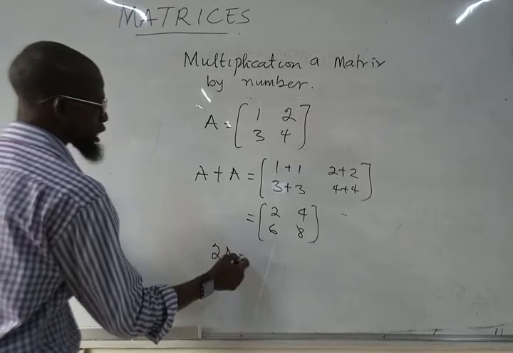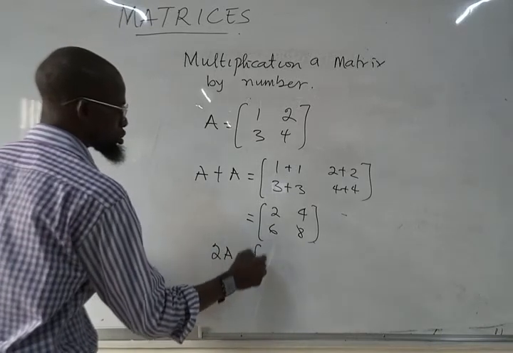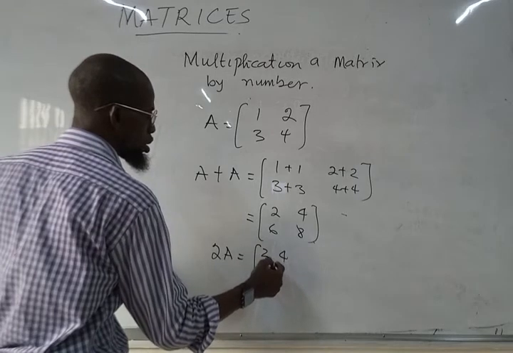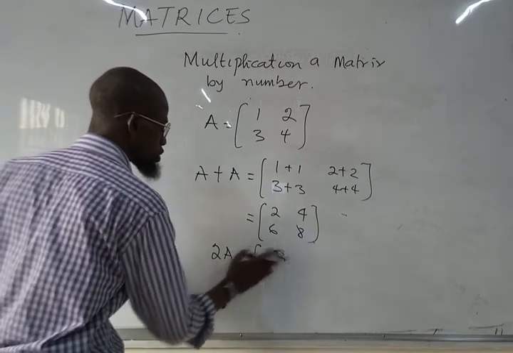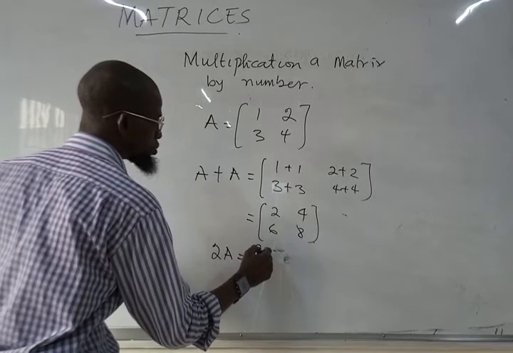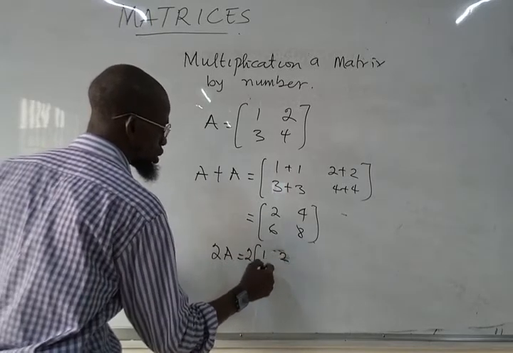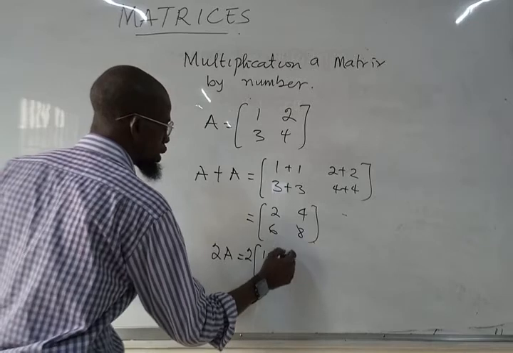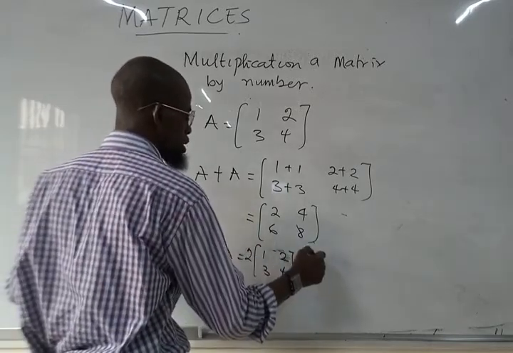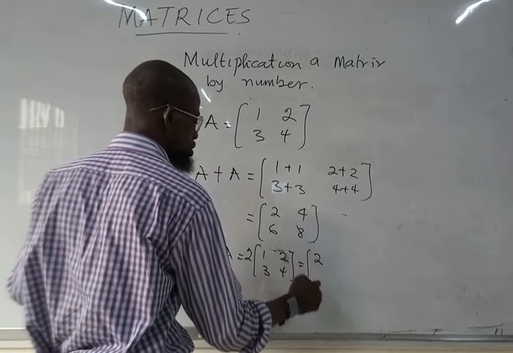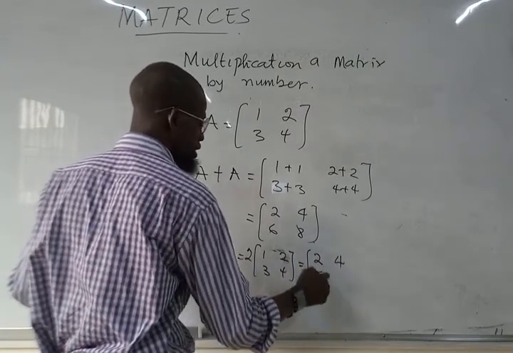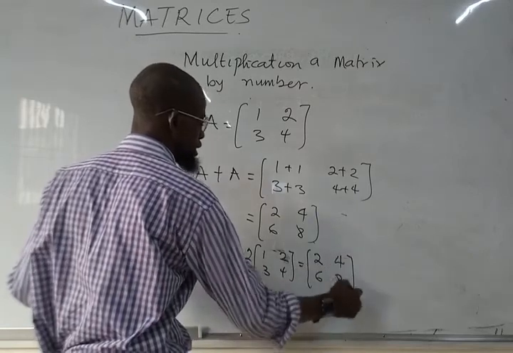So it means our 2A is equal to 2 of our 1, 2, 3, 4. If you do this, 2 times 1, I will have 2, then 4, 6, and 8.